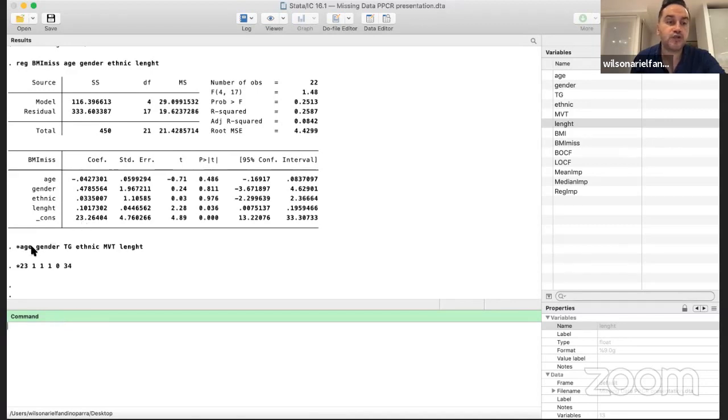Remember that in order to predict the BMI missing, you have to start with your alpha value.